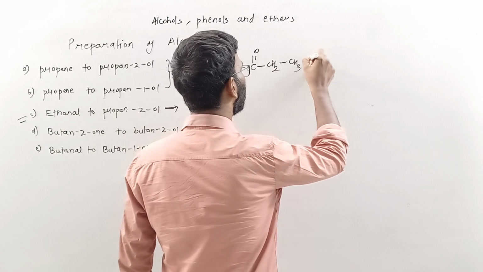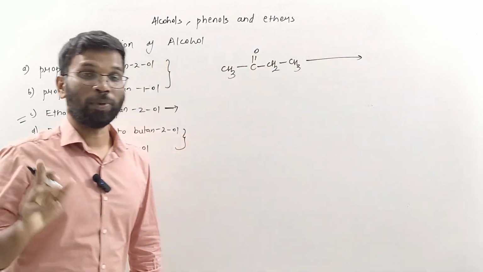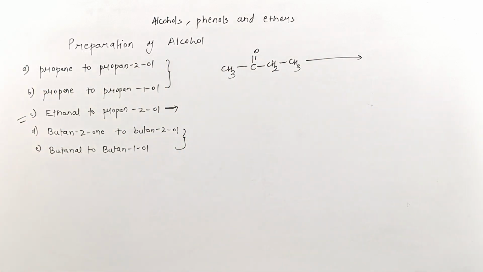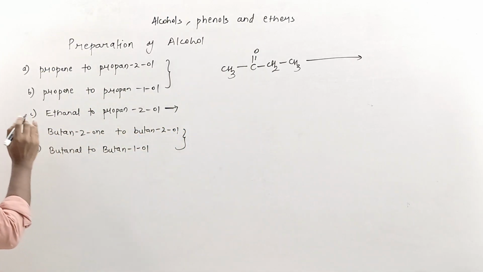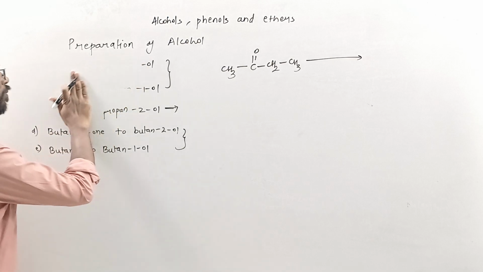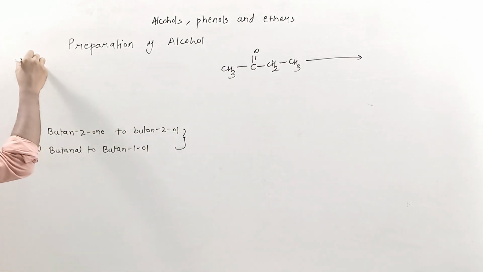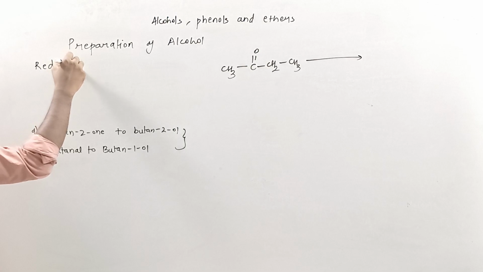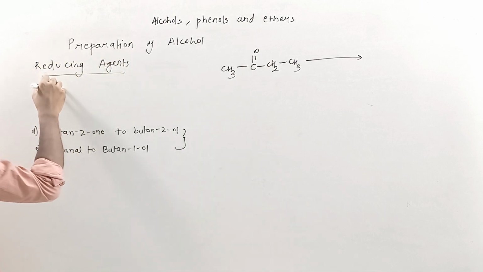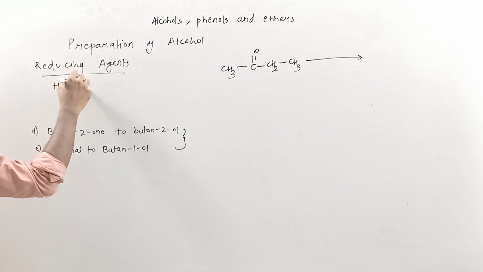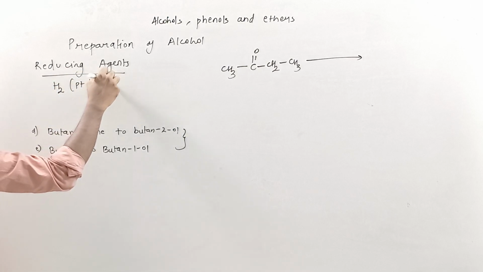Now, the reducing agent. You should know about the reducing agents. Which are the reducing agents? You should remember them. I'll write them over here. So these reactions are done. Reducing agents. You know hydrogen in the presence of platinum, palladium or nickel.